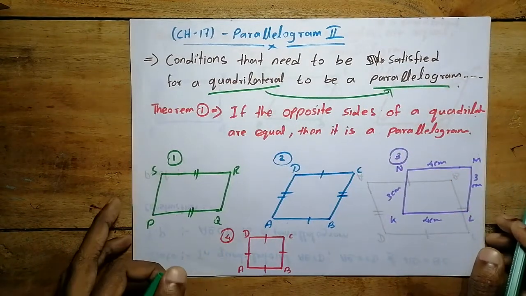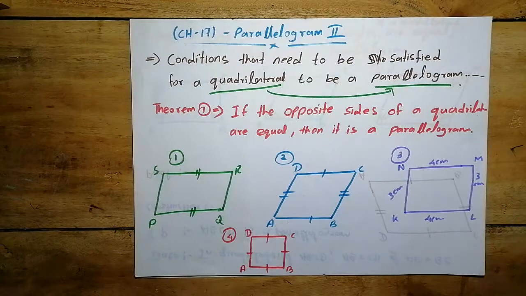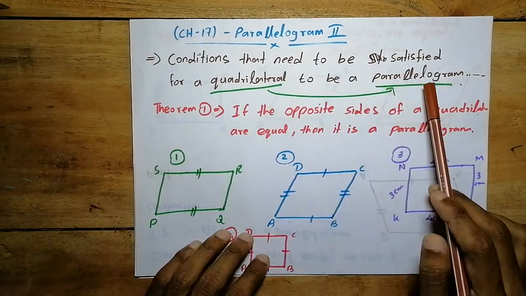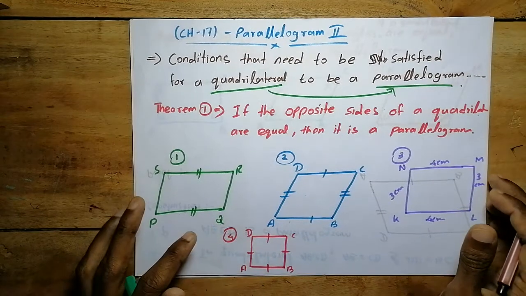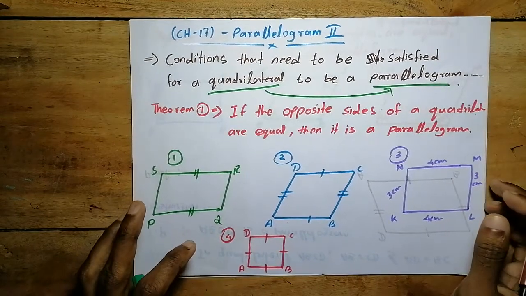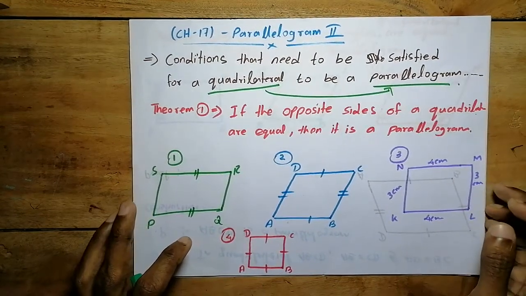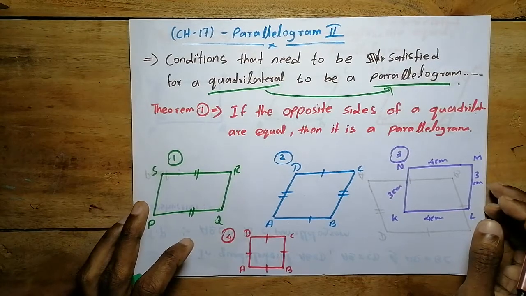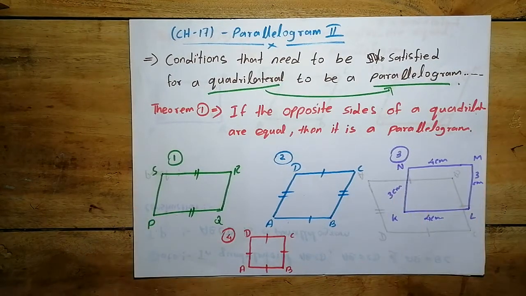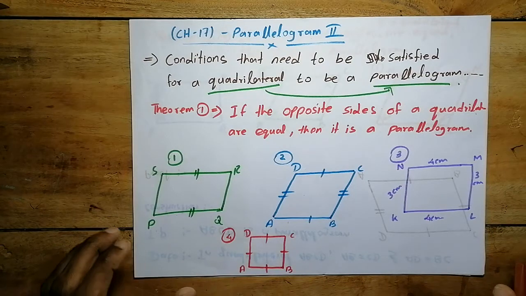So in this lesson we are going to discuss the conditions that need to be satisfied, the characteristics needed in a quadrilateral so that it becomes a parallelogram. Like the properties of parallelogram we studied, individually, the 4, we are going to apply another 4.